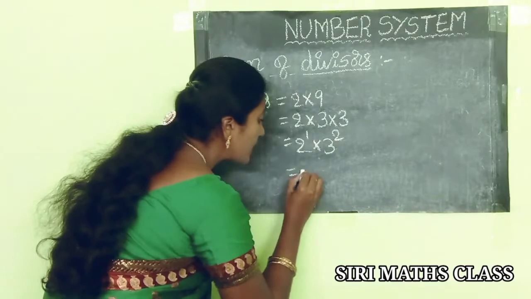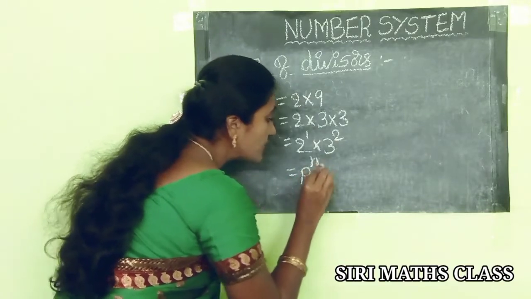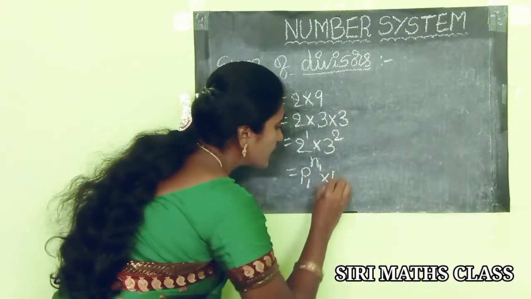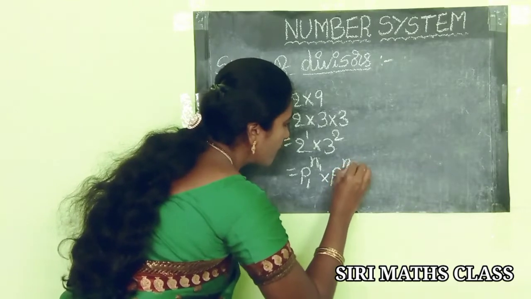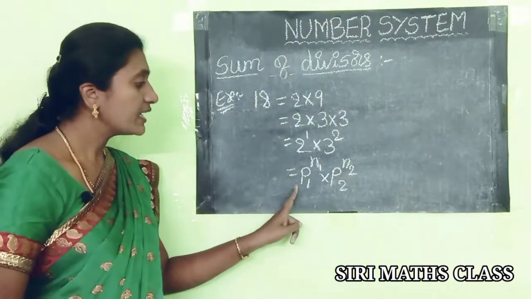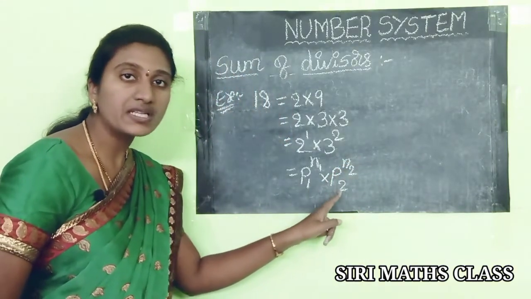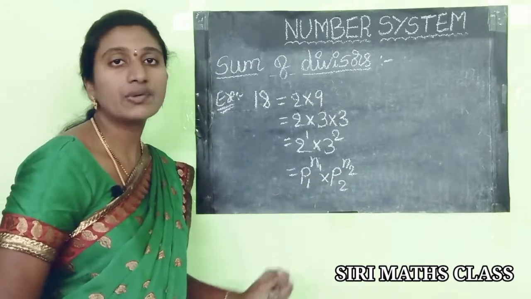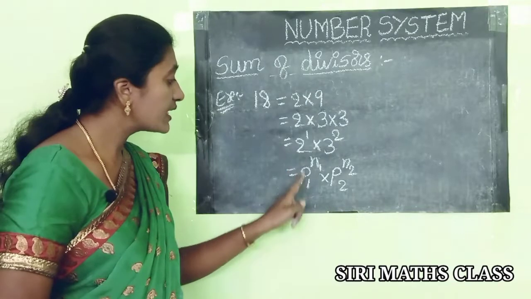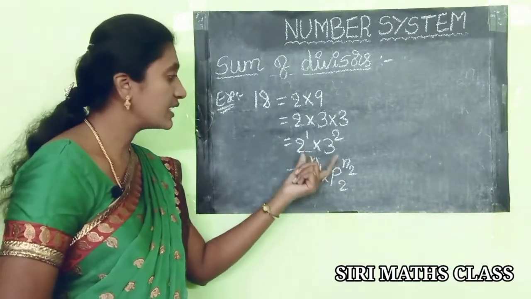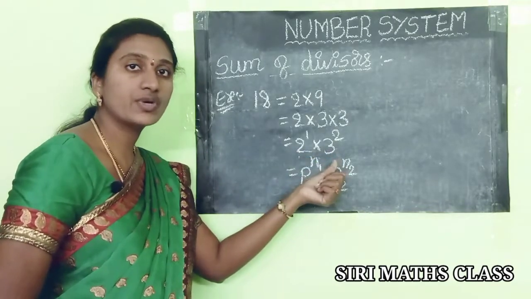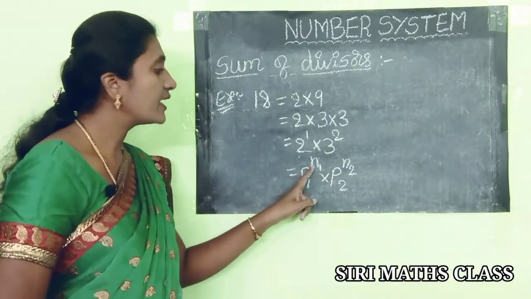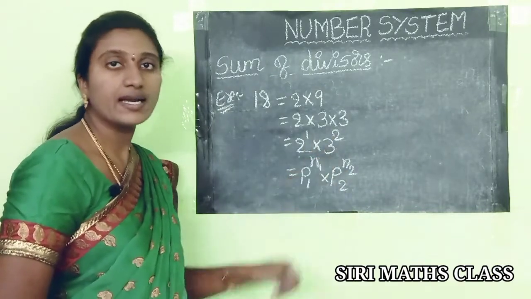This is in the form of P1 to the power of n1 into P2 to the power of n2. See here, the bases P1, P2 are different prime numbers, and n1 and n2 are natural numbers. Here the bases are 2 and 3, these two are prime numbers, and the n1, n2 values are 1 and 2.